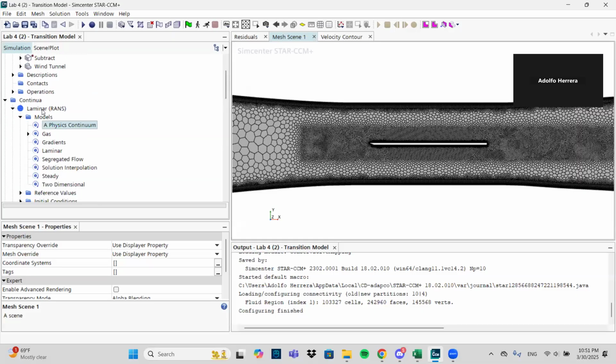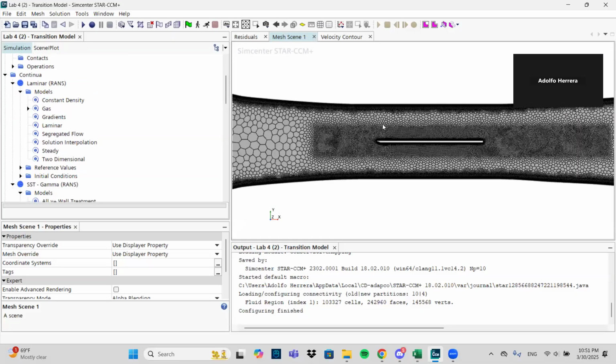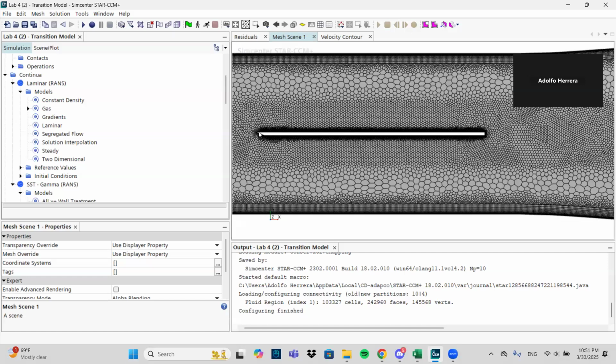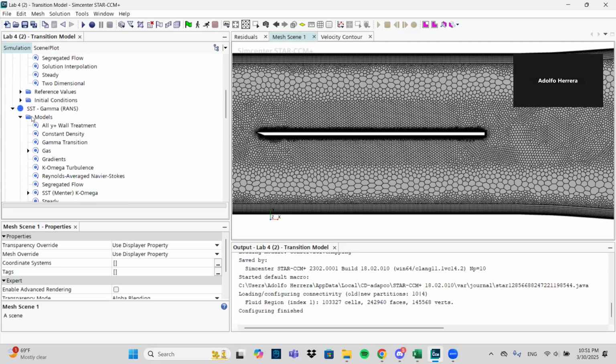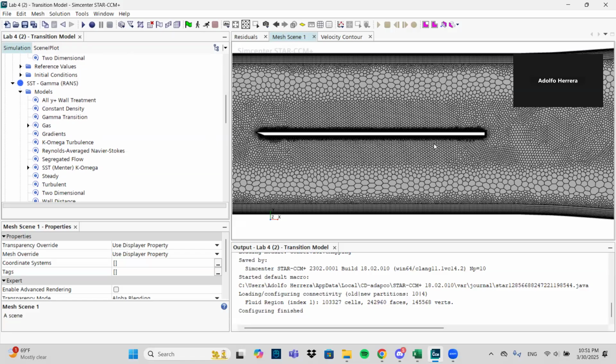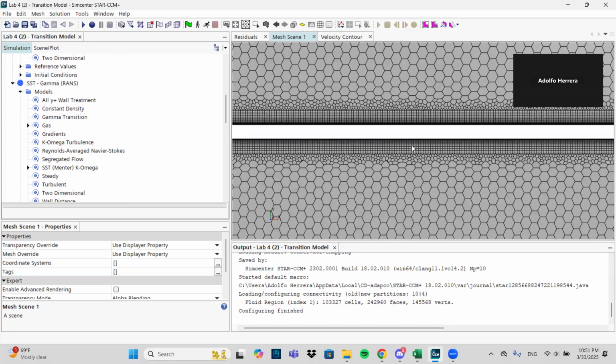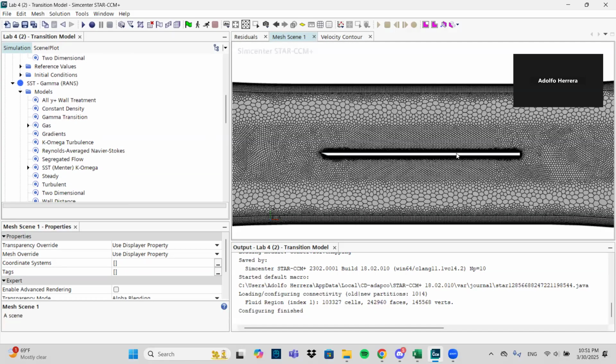A simulation using the laminar flow model was run, and evidently not much flow detachment was captured throughout the plate, and therefore another simulation was run using the K omega SST model, coupled with the gamma model for transition flows.